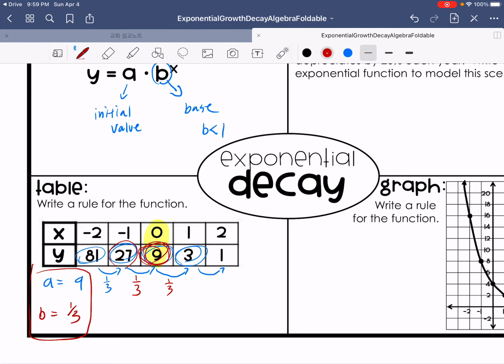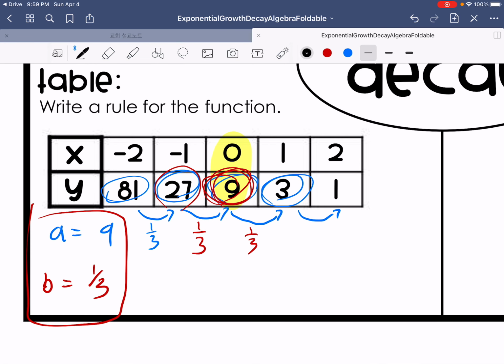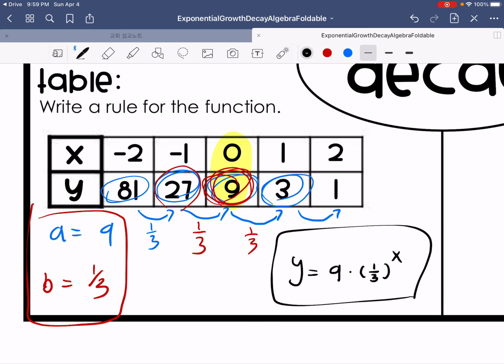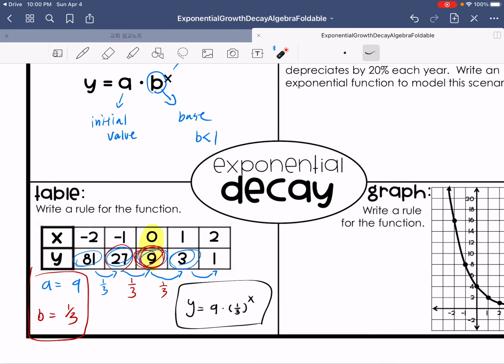So we got the initial value and base, which means we can now find the equation, which is y equals a, which is 9, times 1 over 3 to the x power. This is going to be our exponential equation. And as you can see, 1 over 3 is smaller than 1. That's why we call it exponential decay.